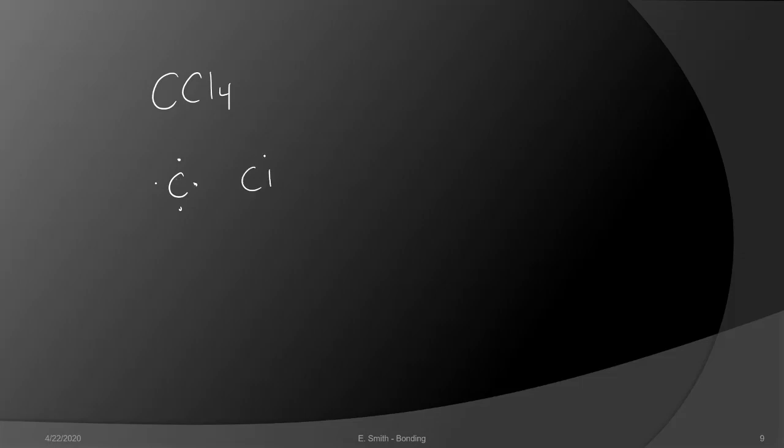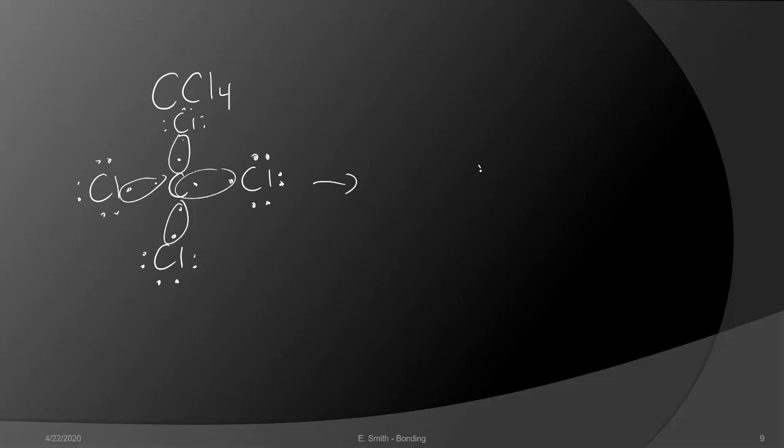Each chlorine has 7 valence electrons. Okay? Yes, lots of dots to draw here. Patience. So, we'll form a bond, bond, and bond. We've got 4 bonds. Let's clean it up.